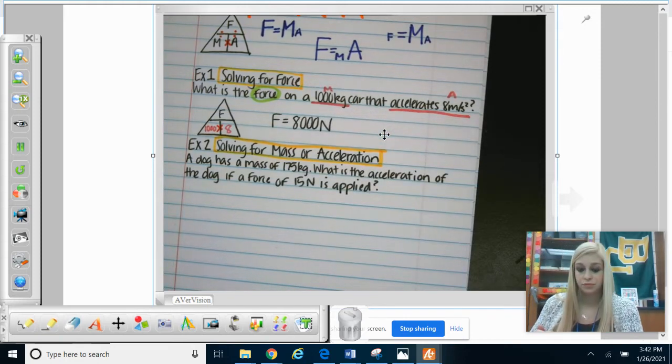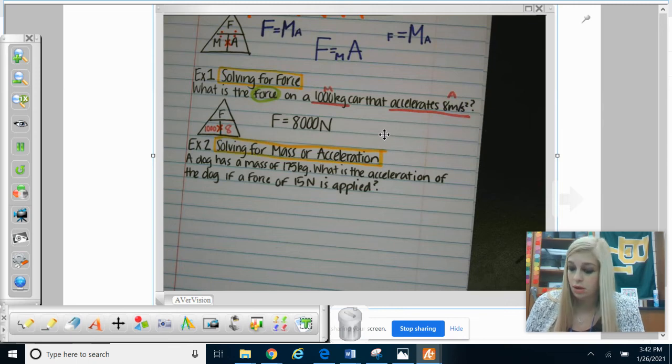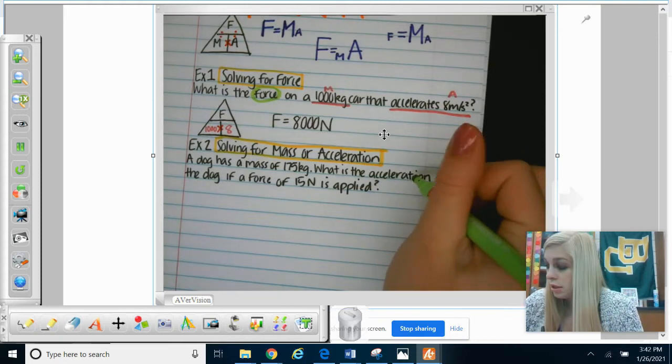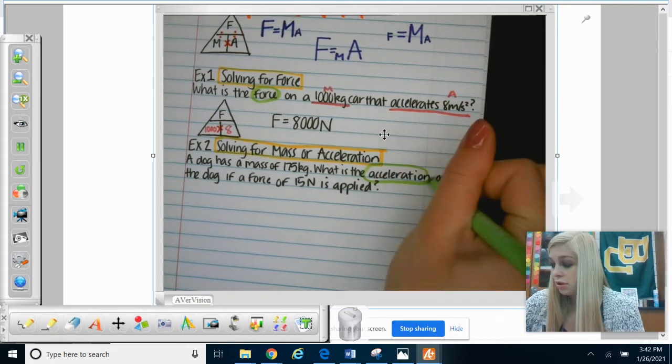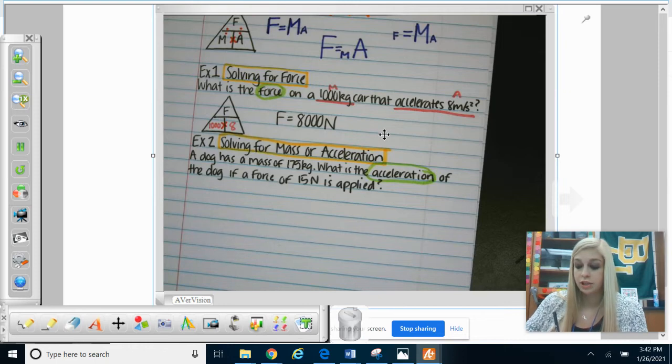All right. So what are we looking for here? What is it asking us for? It says, what is the acceleration? So you're looking for acceleration. What are you given?